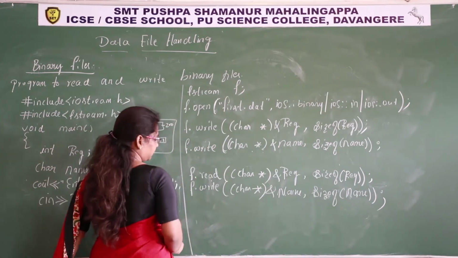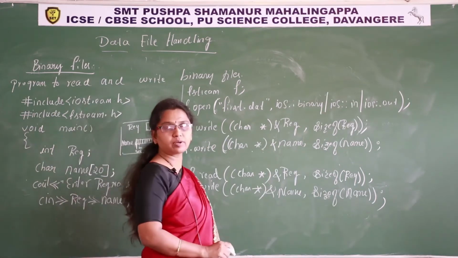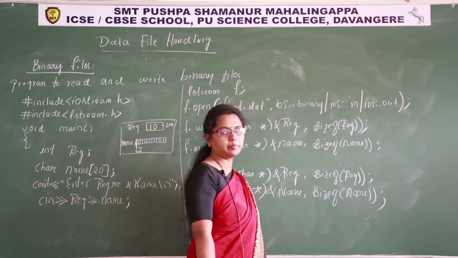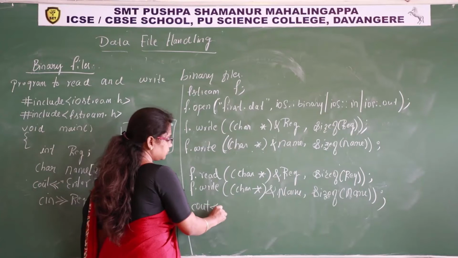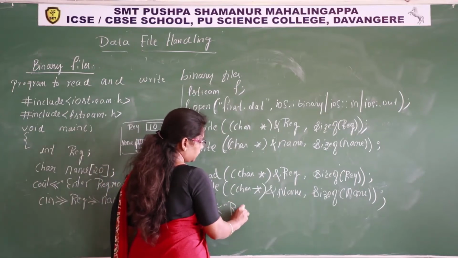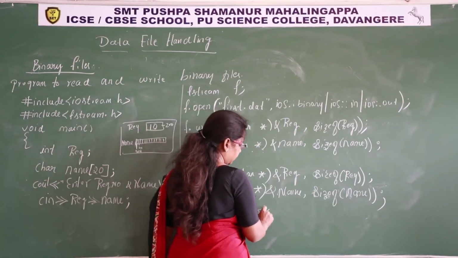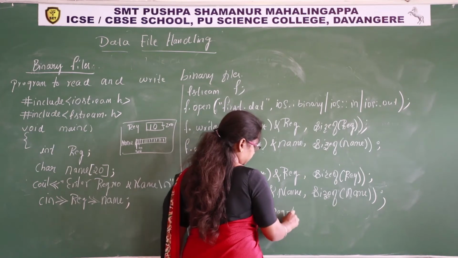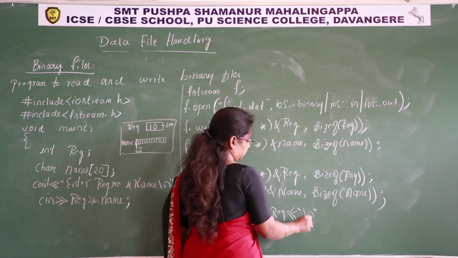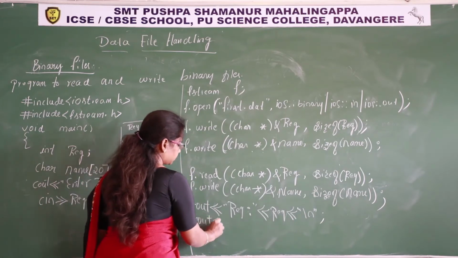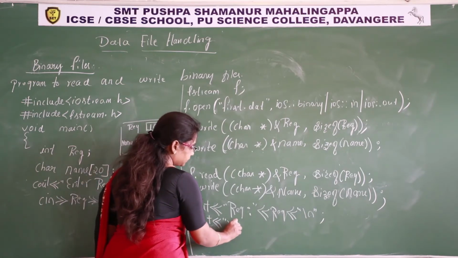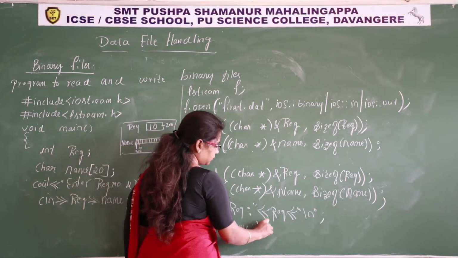After that you can display. The data is coming from the file and stored in reg and name. Then finally you can display: cout reg colon reg, cout name colon name.